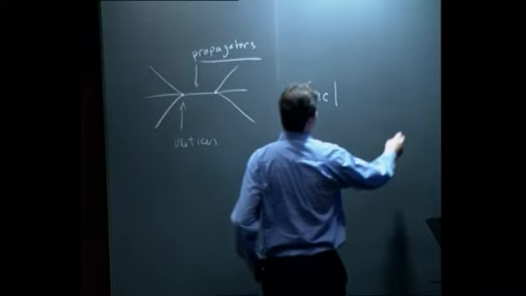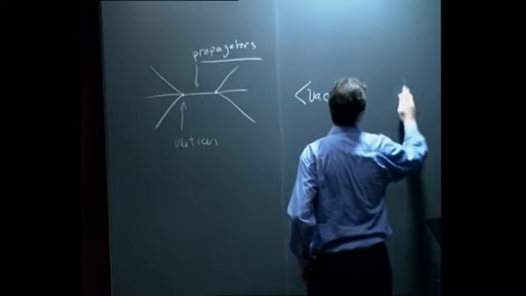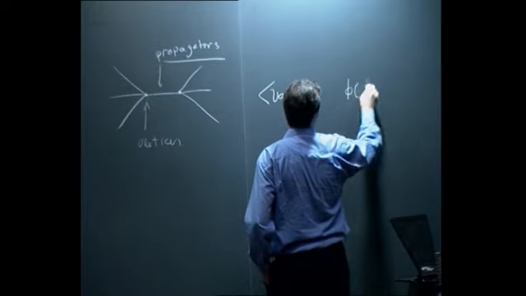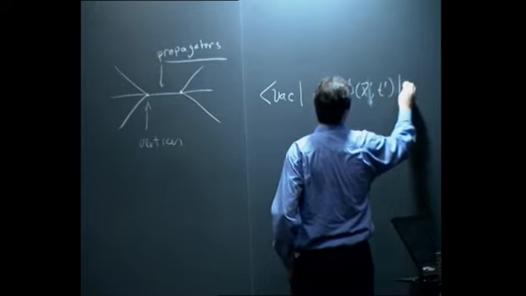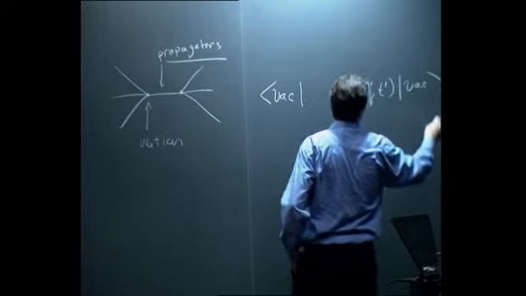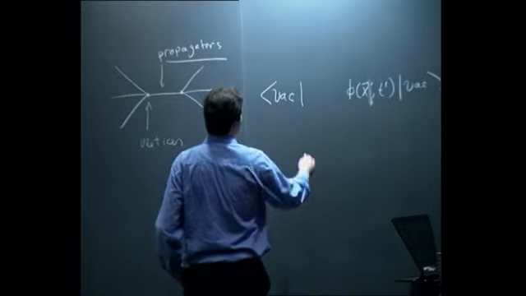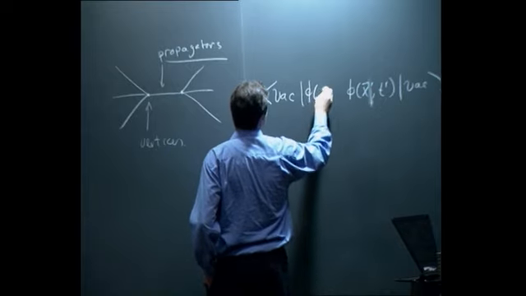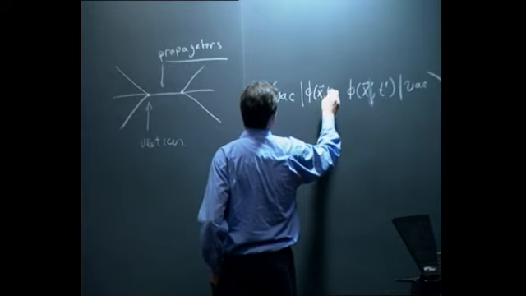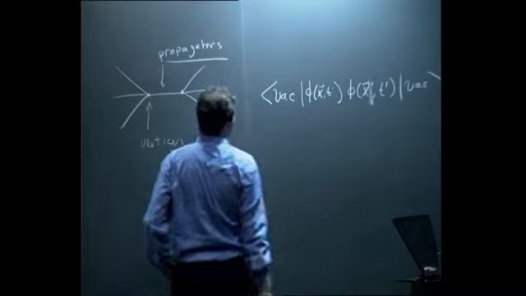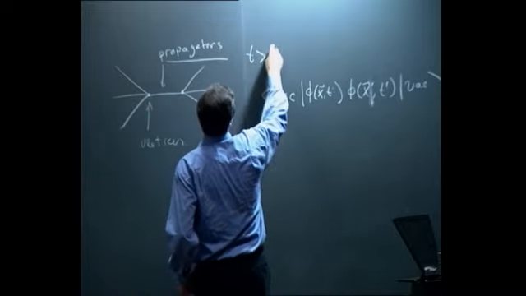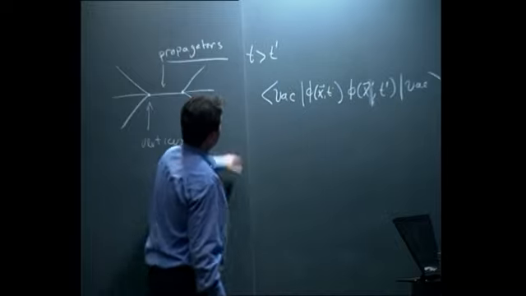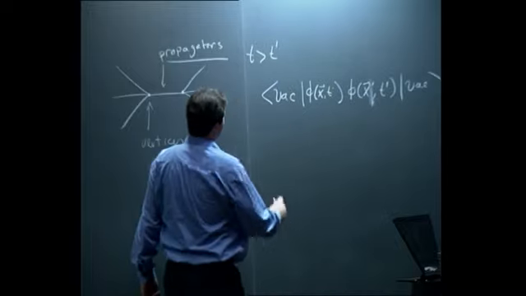If I create a particle at a certain position in space and time, and then annihilate the particle again at a later point in time, then, assuming that t is always larger than t prime, this expression is what I will call the propagator.